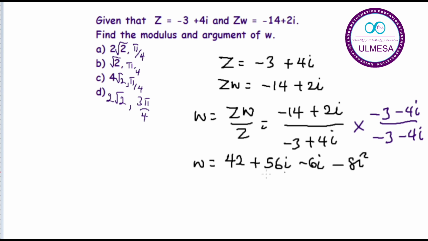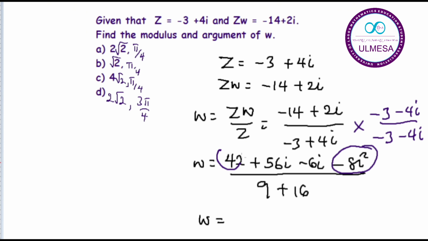Okay, so that is over, if I should take the square of that, that would be 9 plus 16. Of course, we know what I'm doing there. So W is equal to this 8i squared. i squared is what? It is minus 1. Minus 1 times that minus, that's a plus. So we are taking the whole of this together.